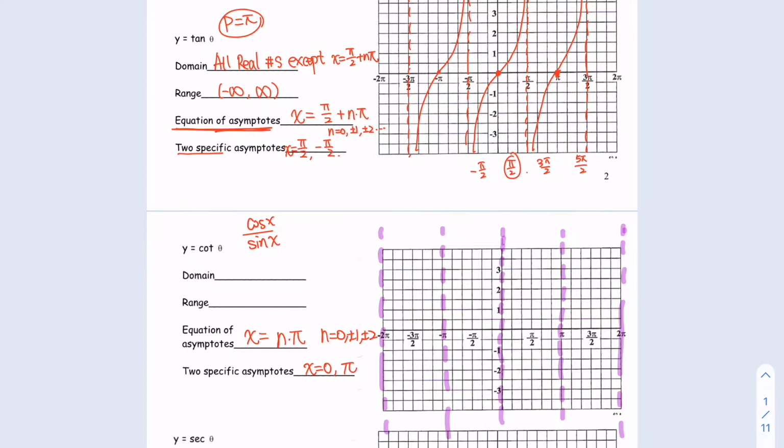And the graph is very similar to tangent of x, but it will be decreasing. So from 0 to pi, when theta equals pi over 2, cosine equals 0. So the graph will look like this. So pi over 2, 3 pi over 2, all these points are 0.